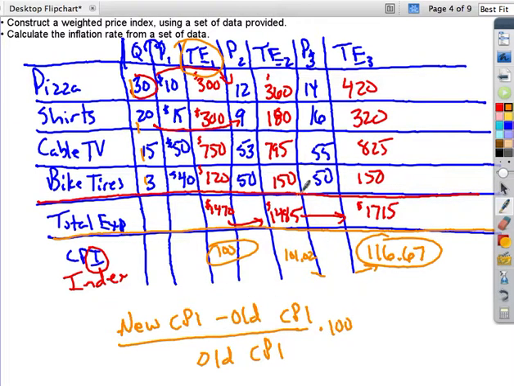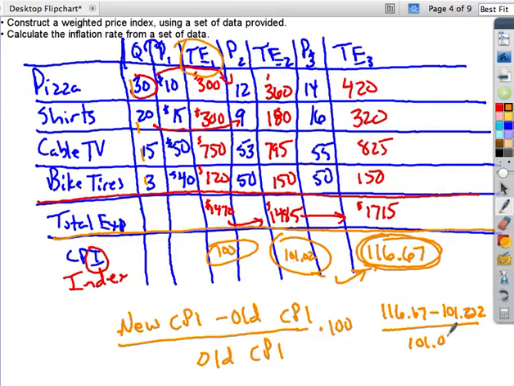So if I said, what was the inflation rate between year 2 and year 3, then you've got to do some math. We would take 116.67 minus 101.02, divide all of that by 101.02, times 100. Give me just a second, I've got to work that out.